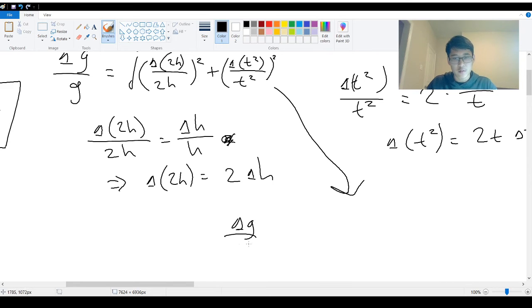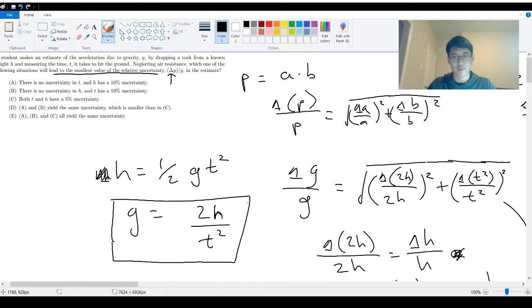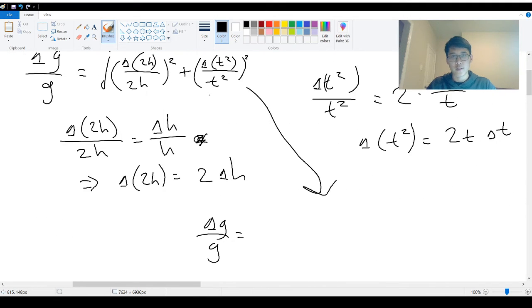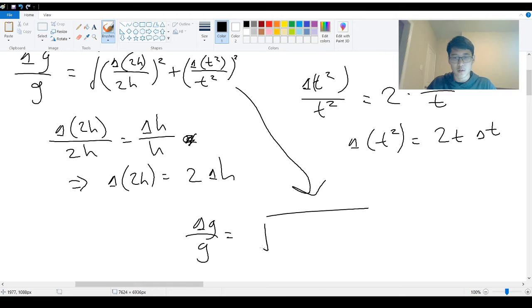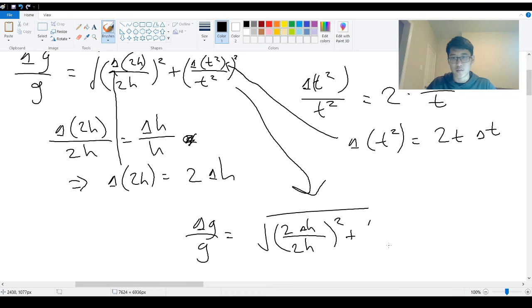So delta g over g, which is the relative uncertainty in g. So that's what we want. This is equal to the square root of, so I'm going to plug this thing into here. So that gives us 2 delta h over 2h squared plus plugging this into there as well. So that gives us 2t delta t divided by t squared.